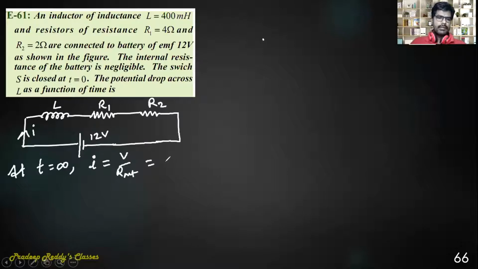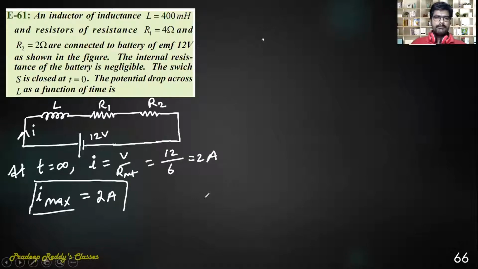We are taking it as 12 volt. So it is 12 divided by the net resistance. As this acts as a wire, R1 and R2 both are connected in series. Therefore, it is 4 plus 2, which is 6. This is equal to 2 ampere. So current I maximum will be equal to 2 ampere. This is the total maximum current passing in the circuit.